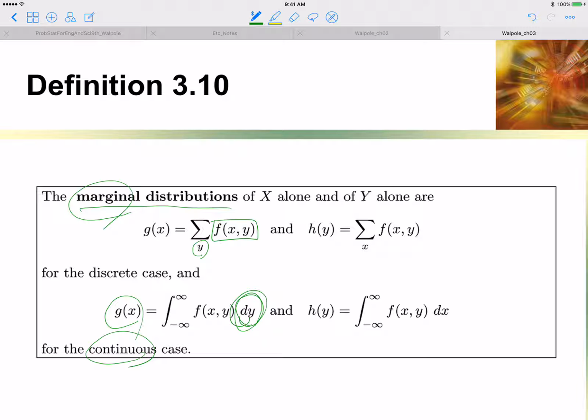And then the intuitive meaning or the process of computing, for example, the marginal distribution of x. So this is x, and this is y. Then the process of computing the marginal distribution of this x: we have to remove y because we do not care what the y value is. We only care about the value of x.